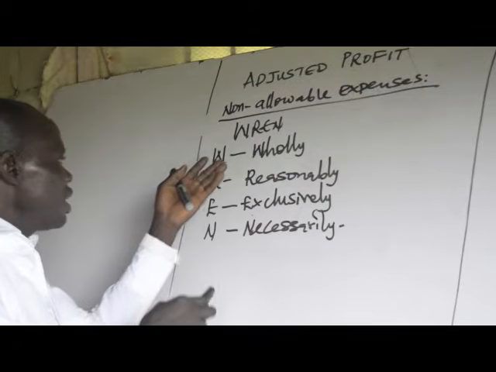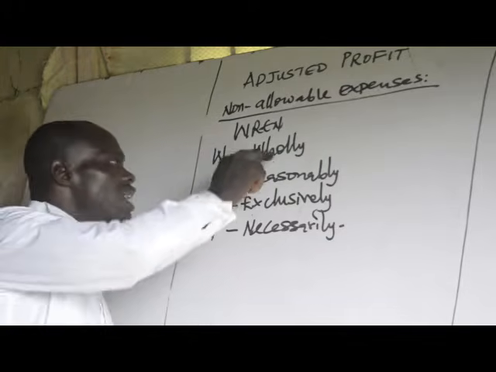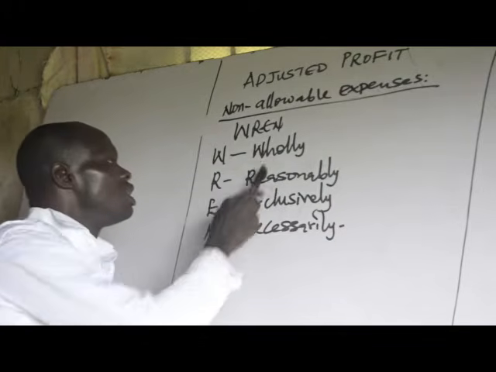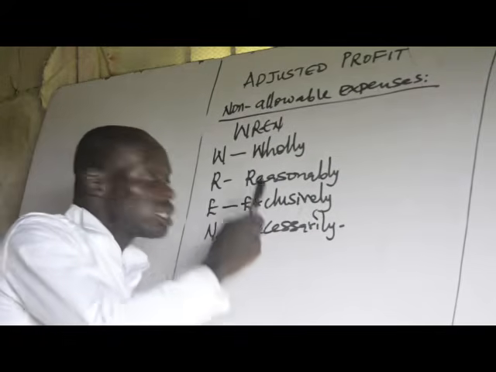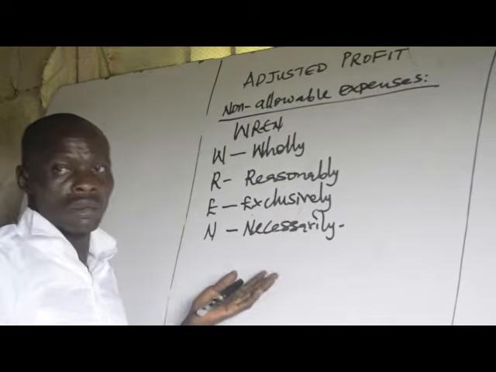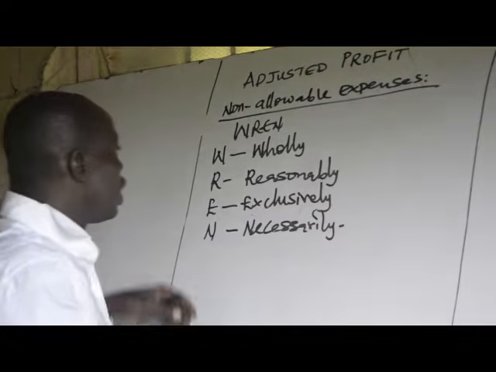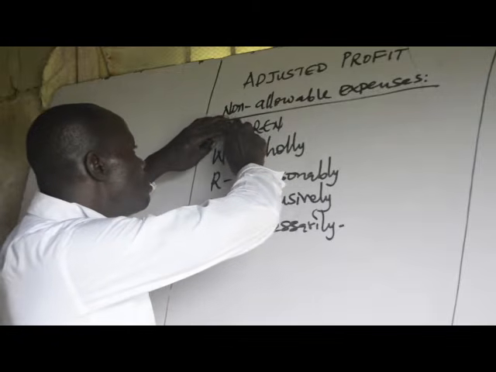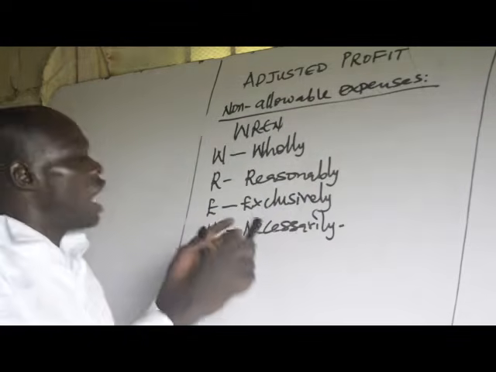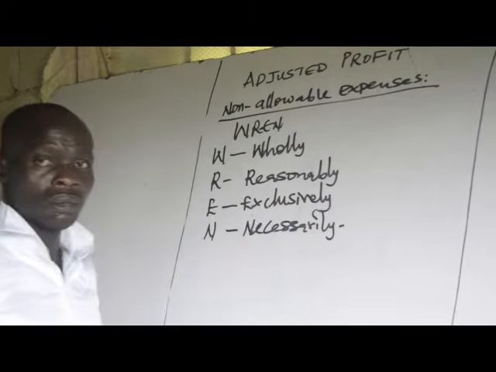Such expenses must be wholly, reasonably, exclusively, and necessarily incurred for the purpose of generating revenue. Any expenses whose motive is not to generate revenue are not allowable for tax purpose.